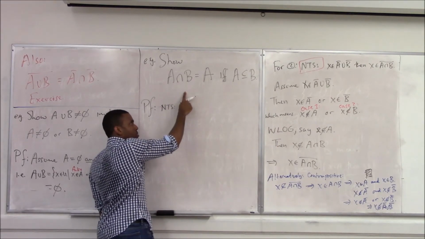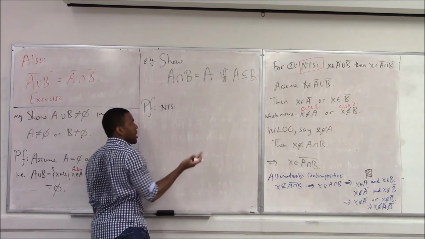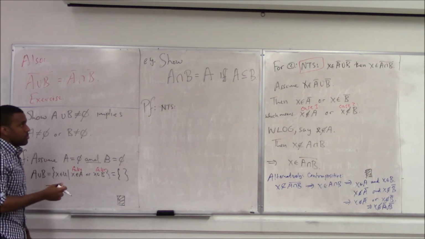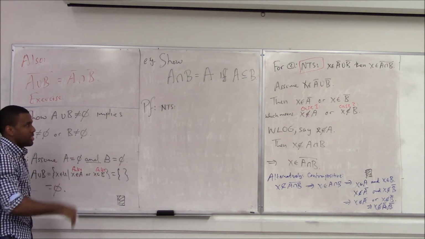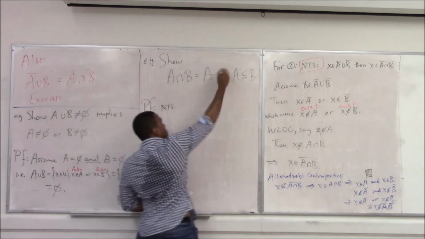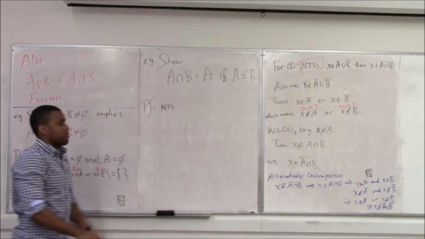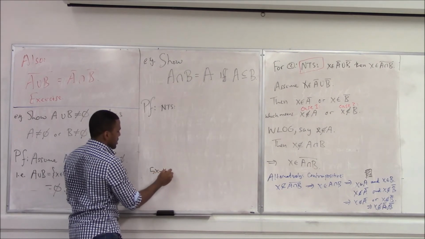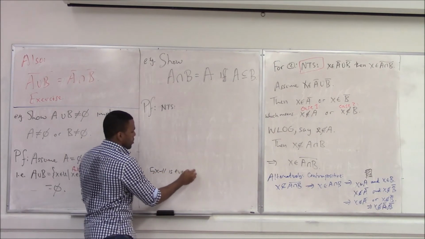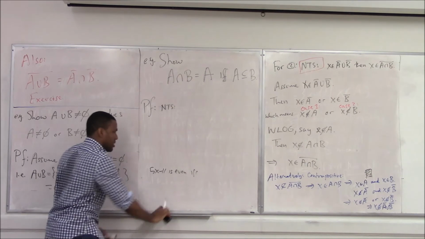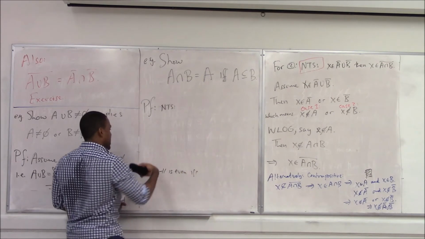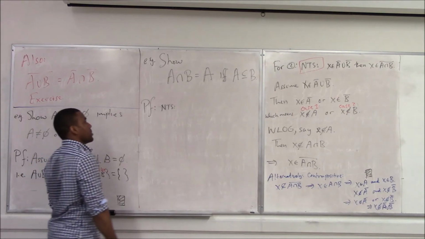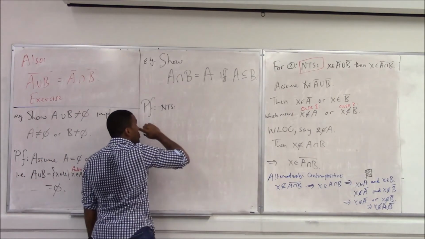Which reminds me of another mistake on the homework. There was an if and only if problem, and a handful of people just proved one direction and didn't go the other way. If and only if, you have to go both ways. I think that was the one where 5x minus 11 is even if and only if x is odd. A lot of people proved it one way and didn't go the other. So we need to show two things.